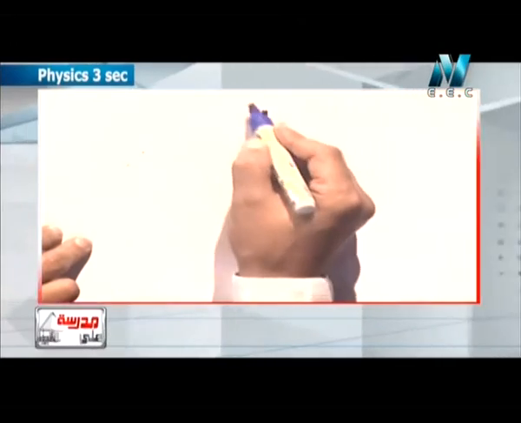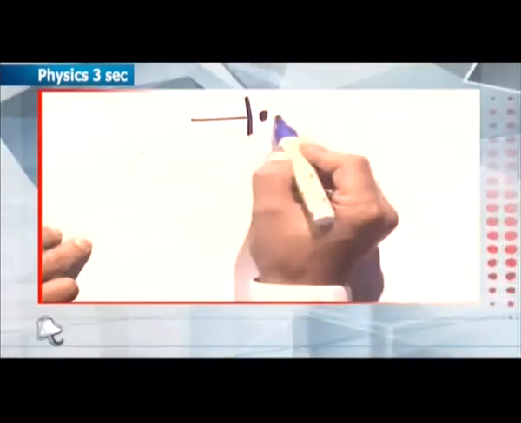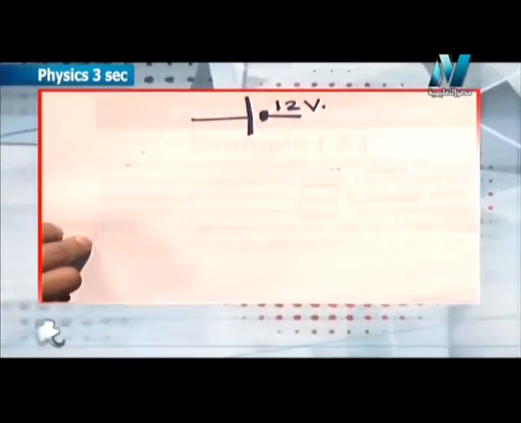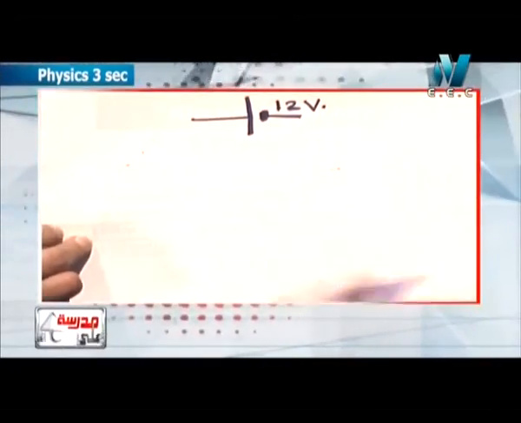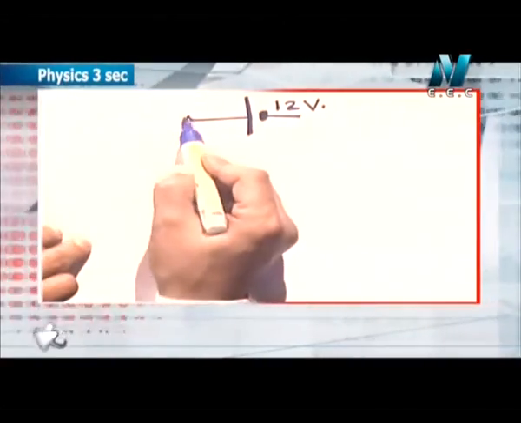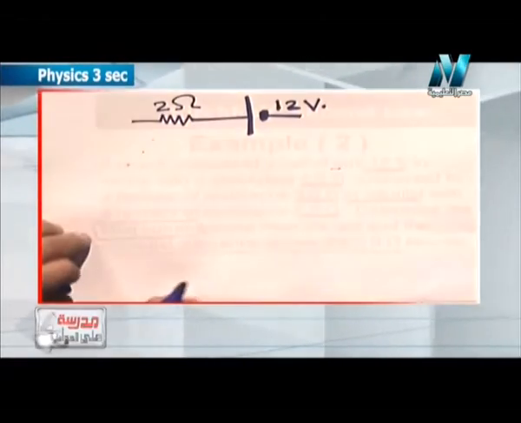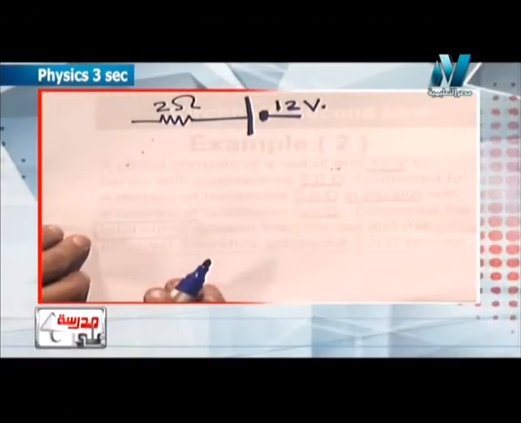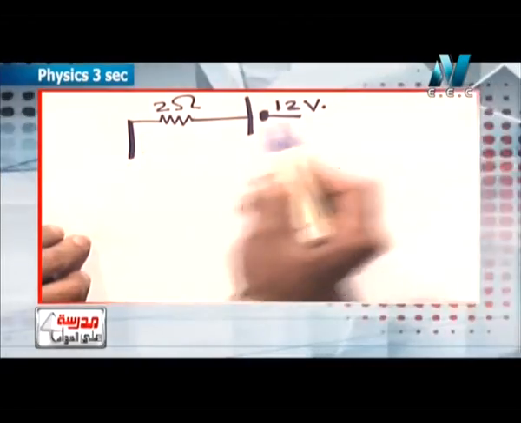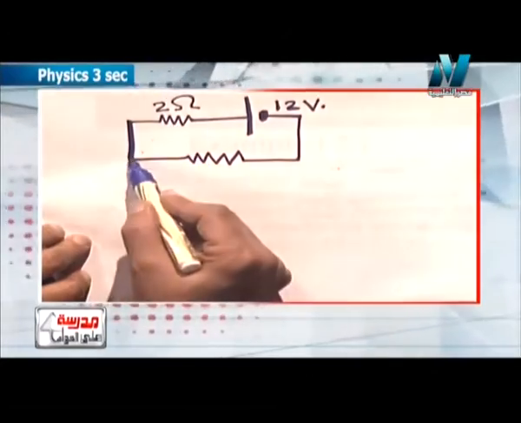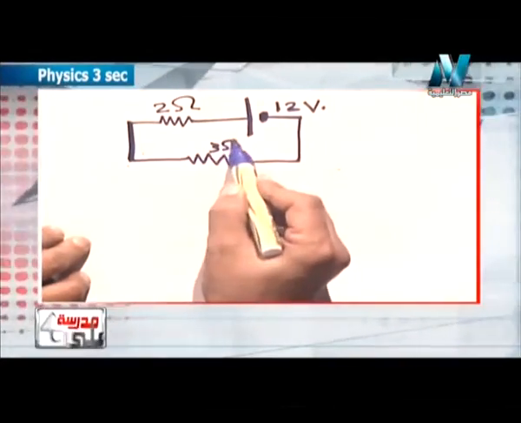A circuit consists of a cell. So we have now a circuit with a 12 volt battery connected to a resistance of 2 ohms, then connected to another resistance, 3 ohms.